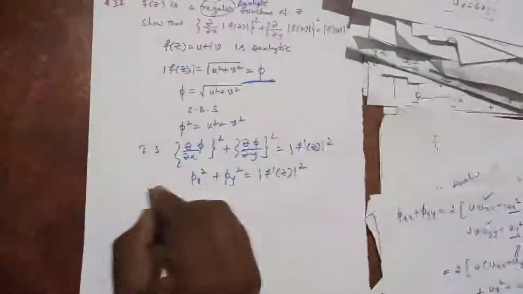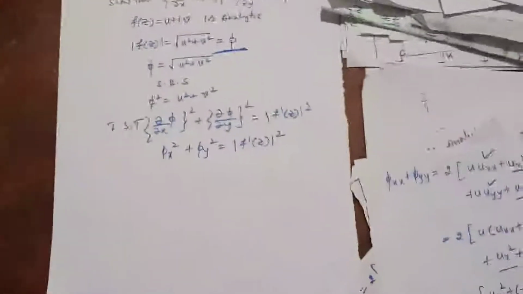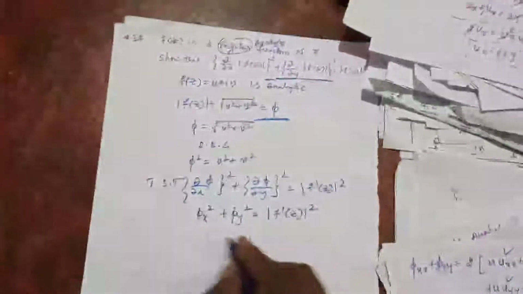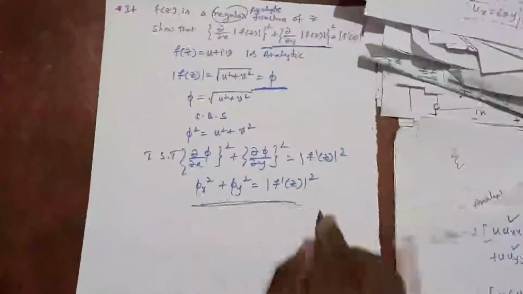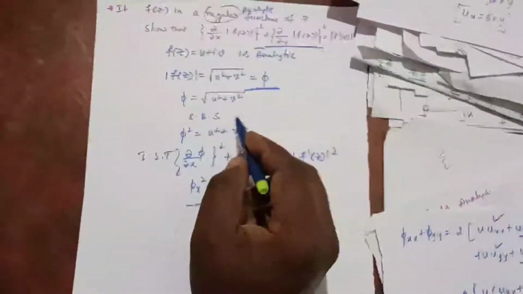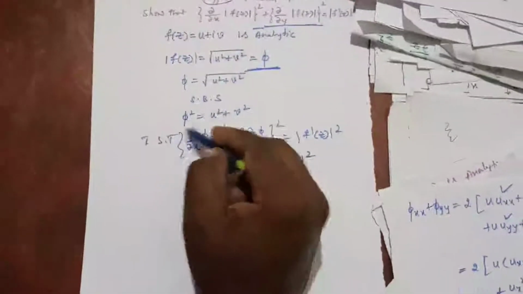Now we have to prove this, or show that these two are equivalent. The first result, the given result, and these two are equivalent. So to show this, phi is there, phi square is there. For ease of differentiation, I will convert this into phi square.